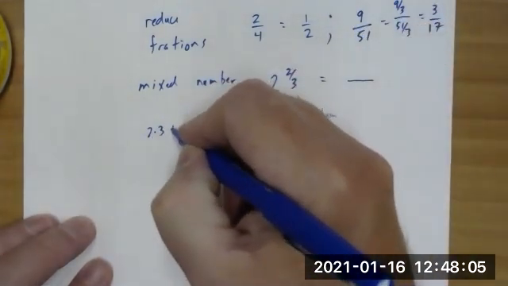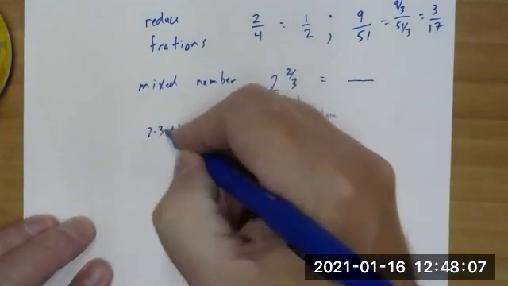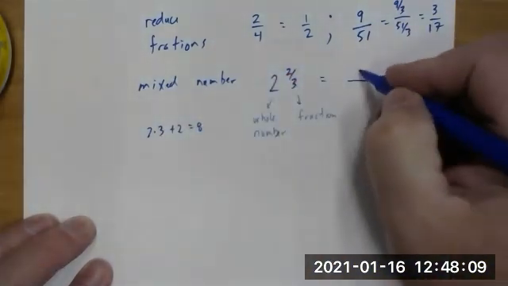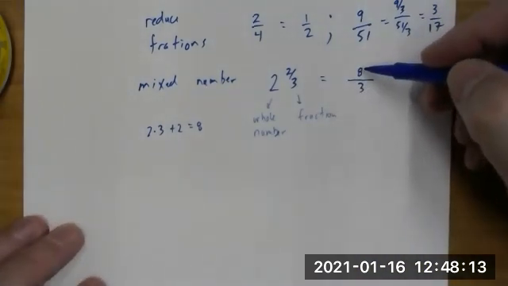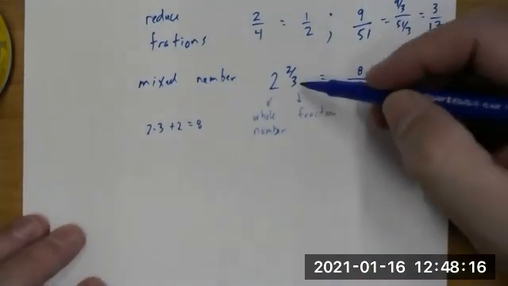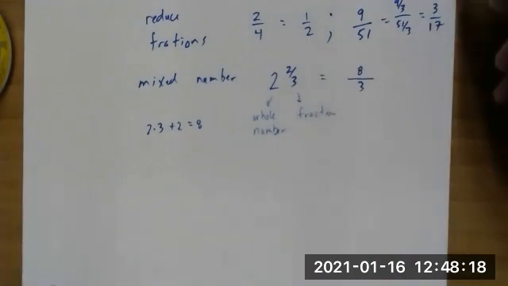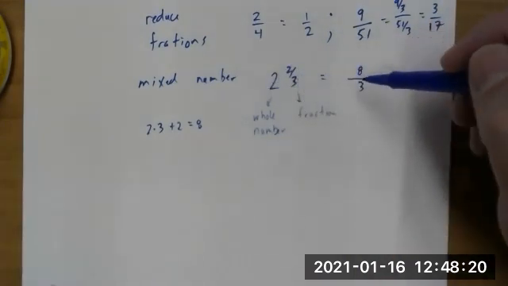So 2 times 3 plus 2, 6, 8. So 8 becomes your numerator, and then of course your denominator stays what it was here. So 2 2/3 is the same thing as 8/3.